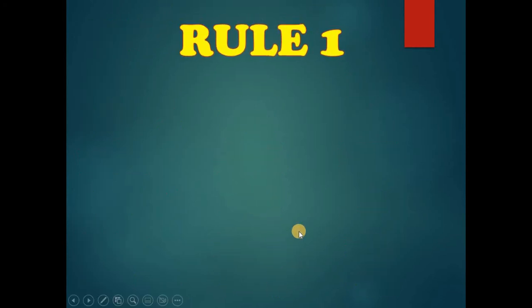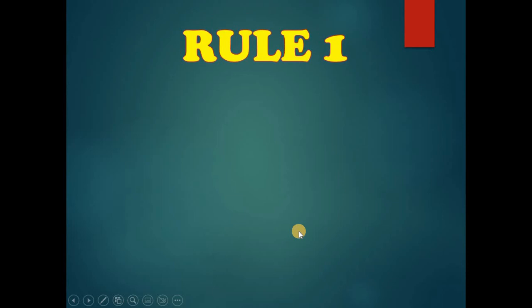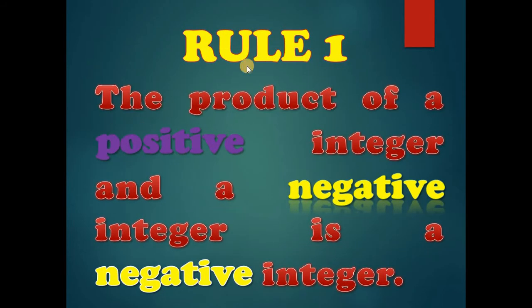So, naunawaan natin yung tatlong rules or tatlong case. Ngayon, isi-simplify natin yung tatlong case na yon. So, rule number 1. The product of a positive integer and a negative integer is a negative integer. So, kung tayo ay magmumultiply ng negative and positive, the answer is negative.